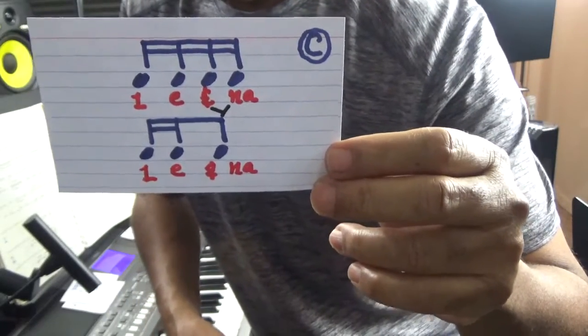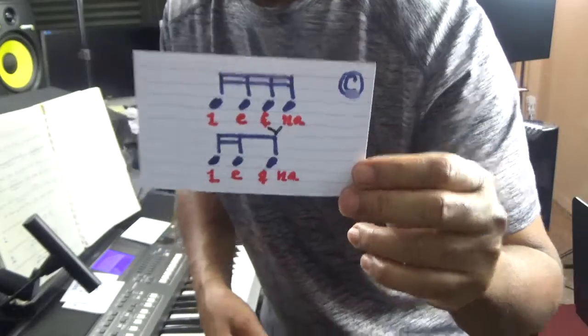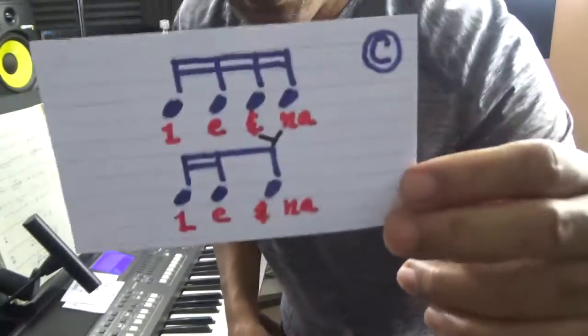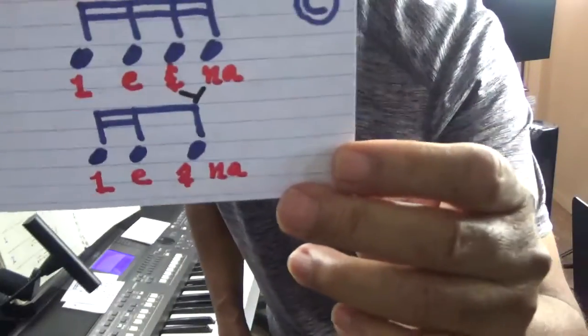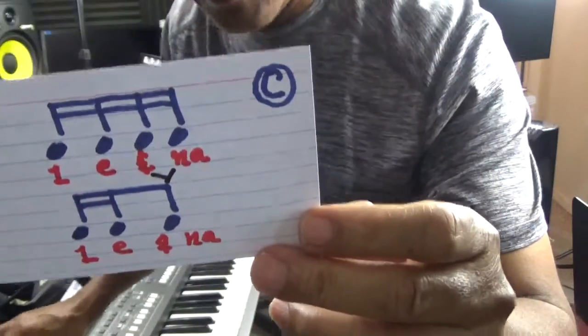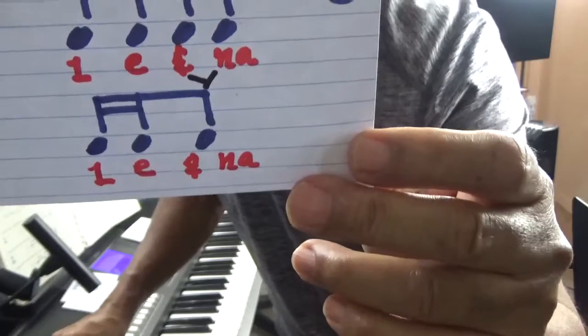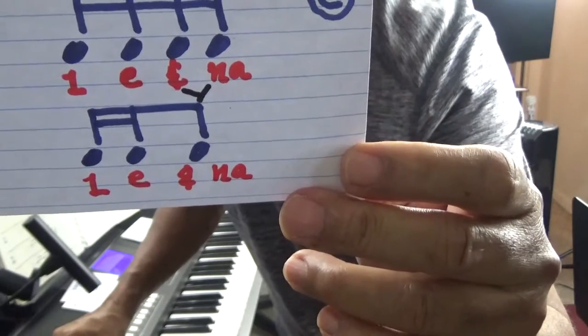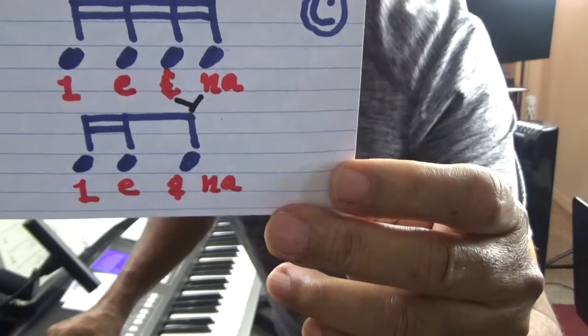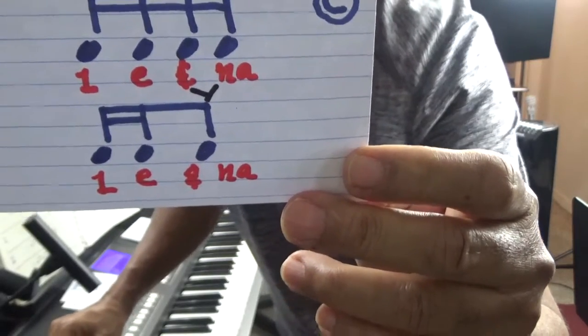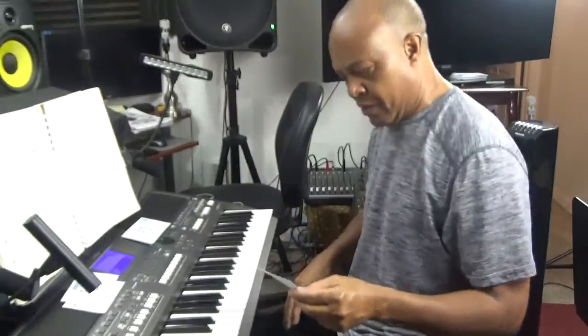So you play 1 E, and then when you play the eighth note, it will be the A.